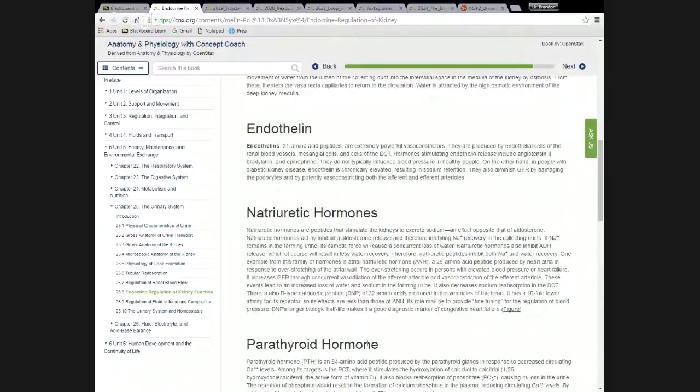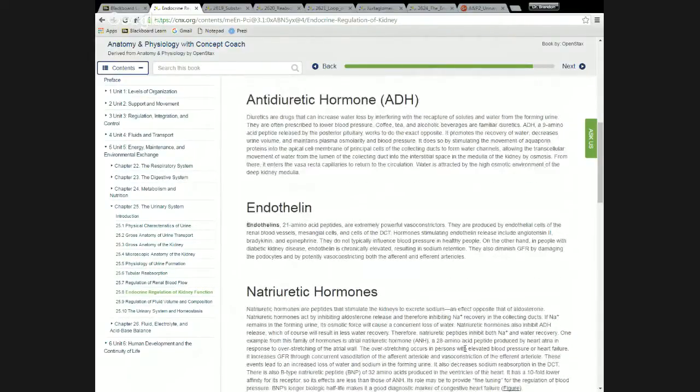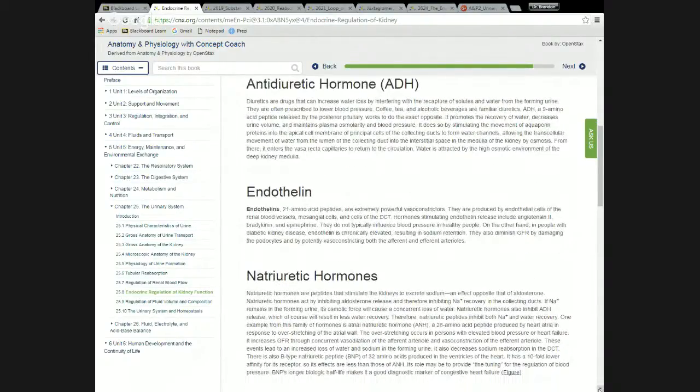Then we have this paragraph here, which kind of bothers me. It's a good paragraph in that it talks about the other side of the coin. If ADH and renin-angiotensin aldosterone play a role in keeping blood pressure high systemically, these molecules keep it low.